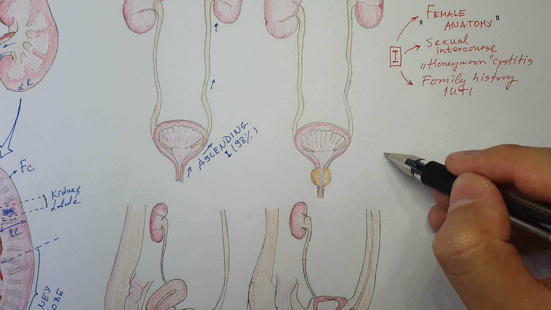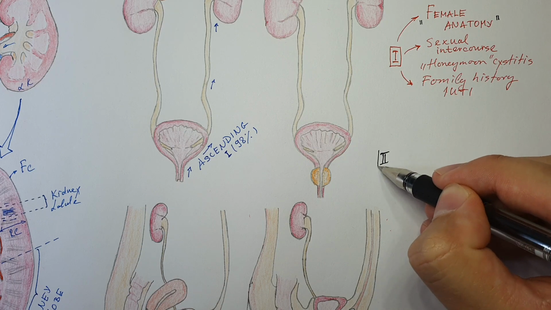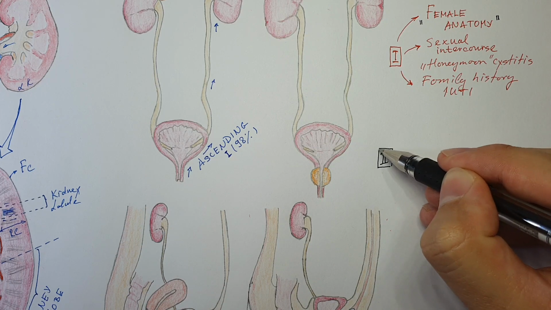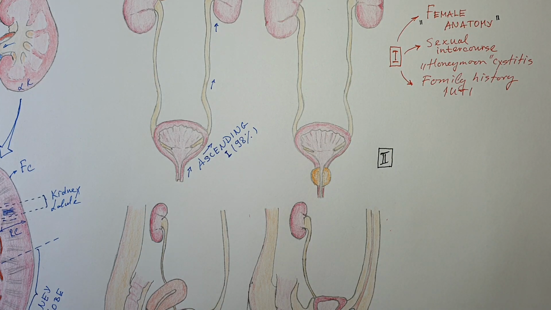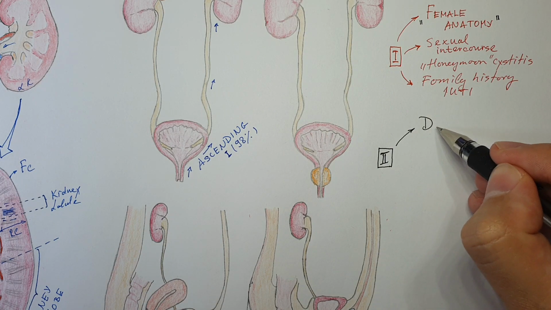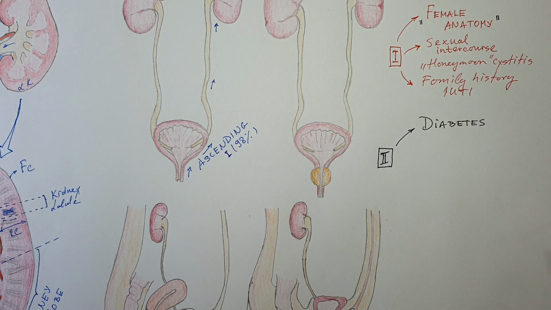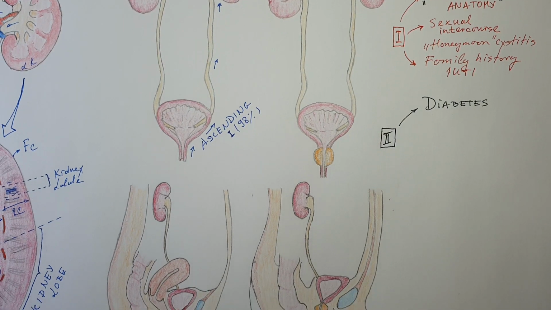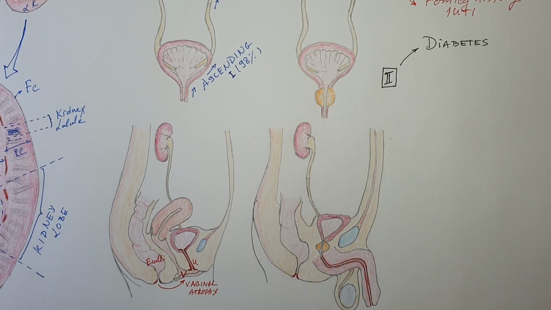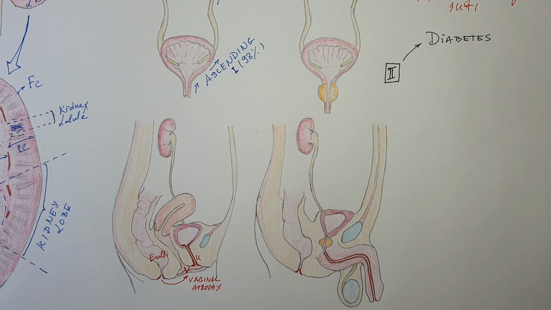The second group of problems or risk factors can affect basically anyone. First of all, we need to talk about diabetes. If diabetes is not treated well, it can raise the blood sugar levels.